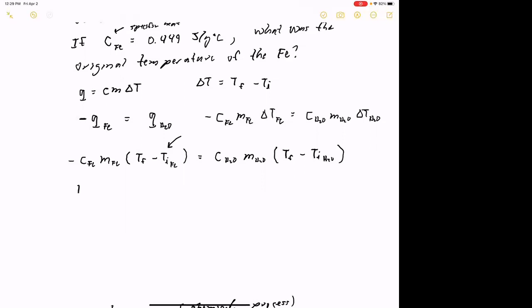But essentially what I end up getting here is T initial for the iron is equal to the C of the H2O. And again, there's several ways you can solve this thing. Mass of the H2O times the T final minus the T initial of the H2O.